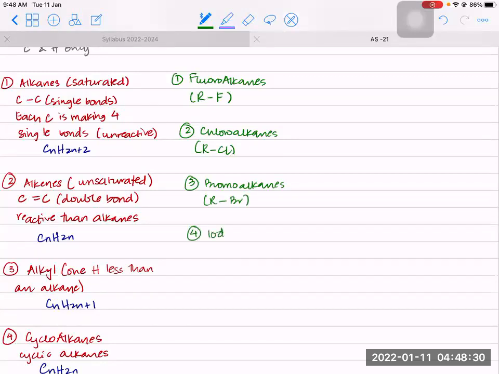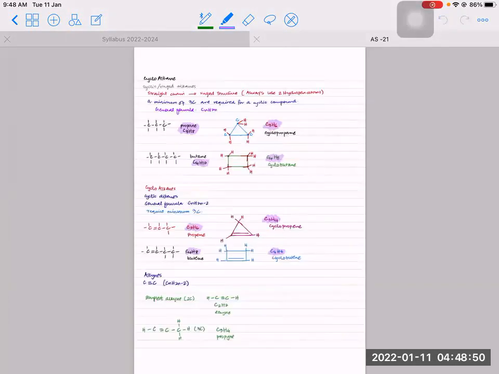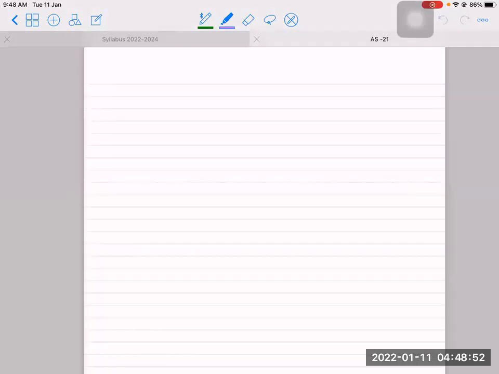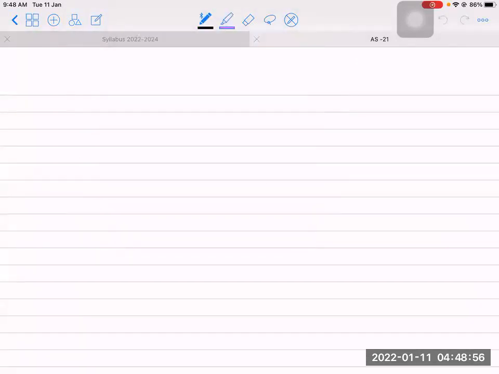And then you have iodoalkanes, where the R group is attached to iodine. Yes. So if you have a R group or an alkyl attached to a fluoro, we call those fluoroalkanes. Attached to a chloro, we call them chloroalkanes, bromoalkanes, and iodoalkanes. So let's see halogenoalkanes.